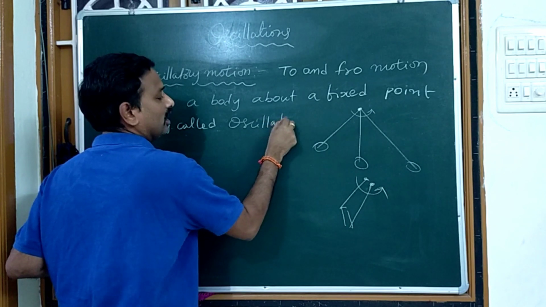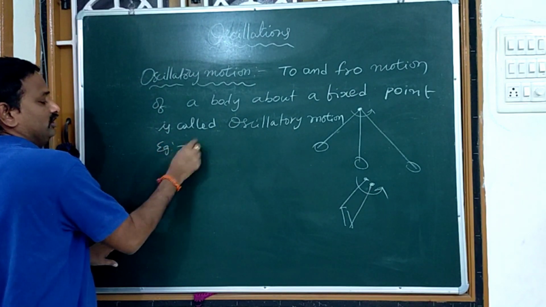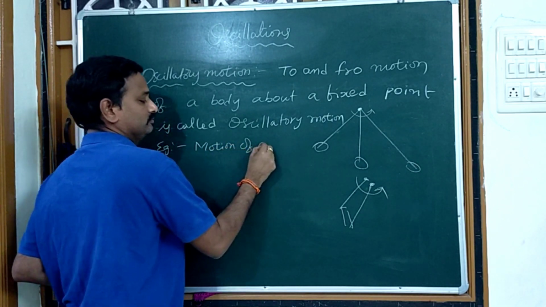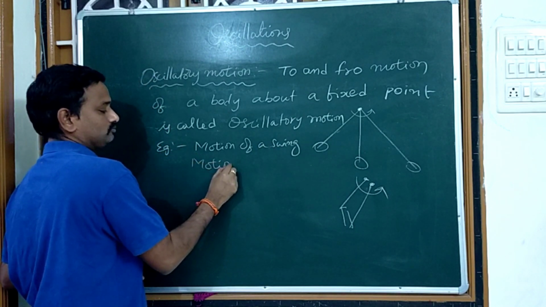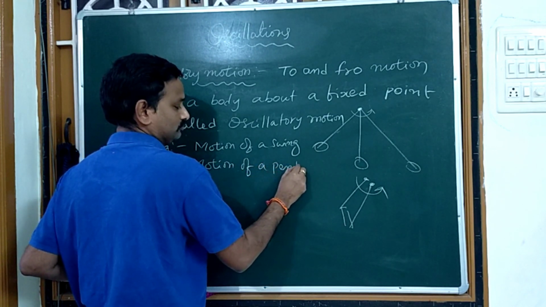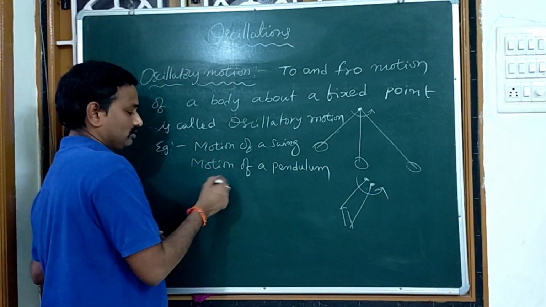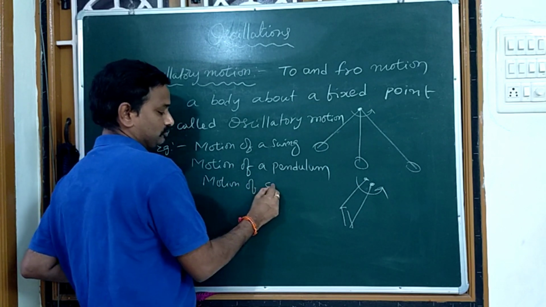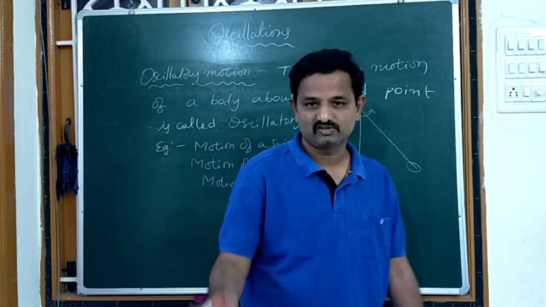Examples, as I already told you: the motion of a swing, the motion of a simple pendulum, and the motion of a seesaw. So these are examples of oscillatory motion.